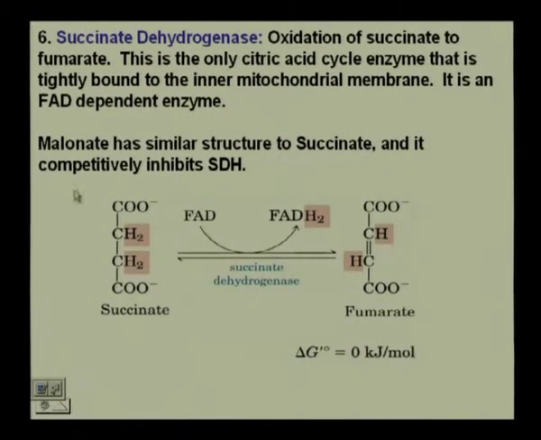Step number 6 is succinate dehydrogenase, where you see how we are getting smaller and smaller. We have looked at this enzyme before when we looked at FAD going to FADH2.